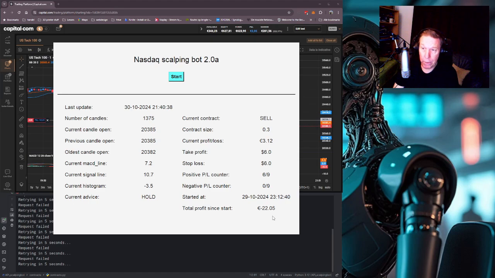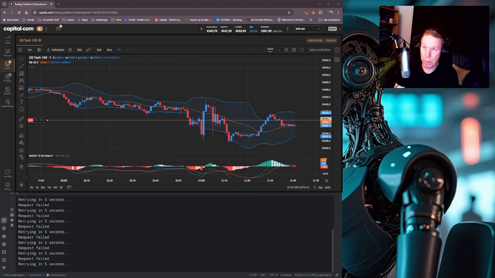But there is some lightning at the end of the dark tunnel, because what I noticed is, and I will show you if the bot screen is gone. Yes, there it is.